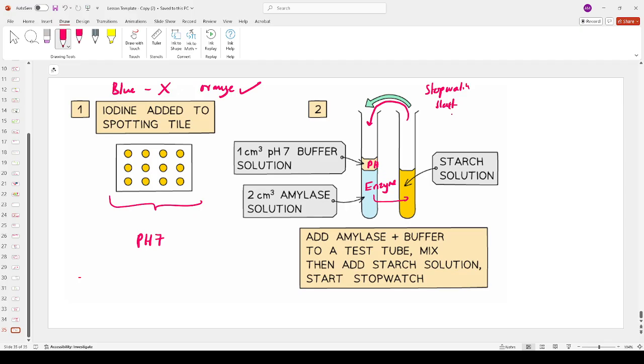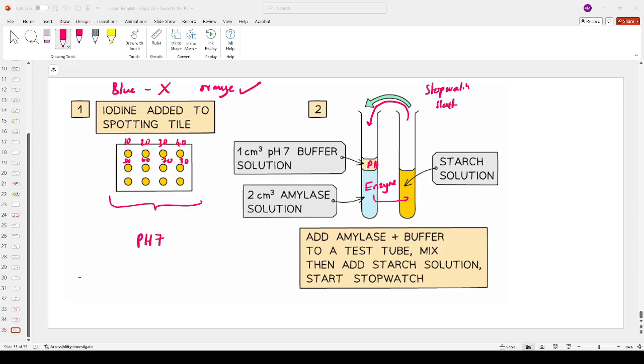As soon as we pour it in, the enzyme starts metabolizing. So we look at what happens at 10 seconds, 20 seconds, 30, 40, 50, 60, 70, 80. Are you guys getting the point? We're investigating what is happening at every time. Okay?